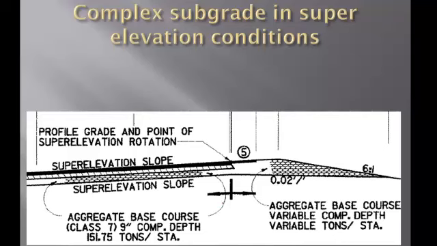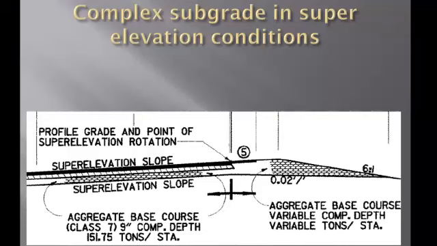If you have a road that has a complex subgrade, it's just Murphy's Law that you're going to have super elevated curves, and that kind of throws the idea of one typical section, no supers, easy road. I can calculate a horizontal offset for that subgrade hinge. What we see here is calculations for the subgrade in super elevated conditions. Now, there's two things that are important to note that happen in a super elevation.